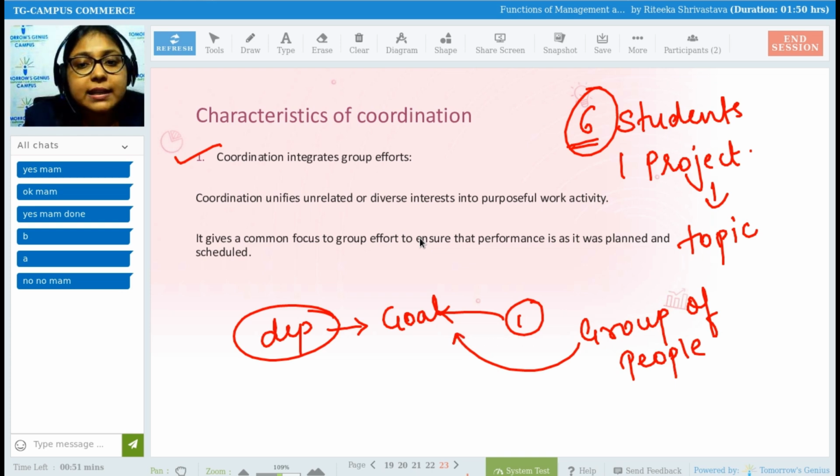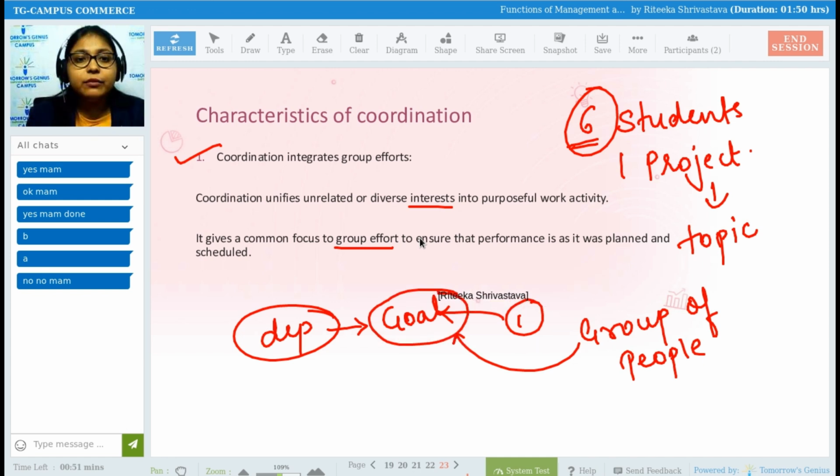So coordination unifies unrelated or diverse interests into a purposeful work activity, a common focus to group effort to ensure that performance is as planned and scheduled. This goal is a common goal for the entire organization. To achieve it, every department might make different objectives or different goals, but ultimately there is only one goal of the organization, the main goal, which has been made by top management.